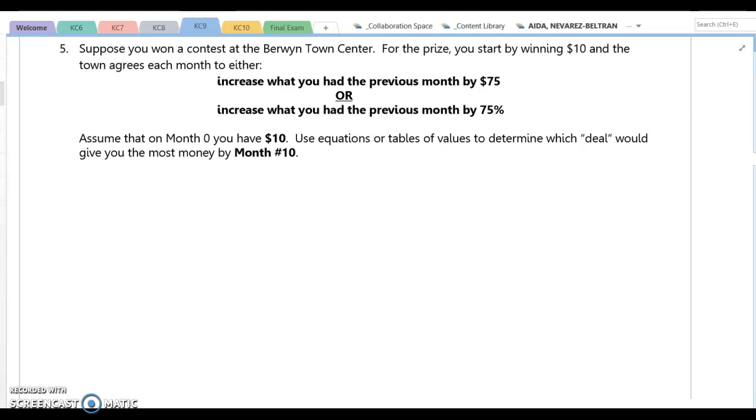So we have $10 at the beginning, and I'm just going to say option 1, option 2. So for option 1, it's just increasing what you had, so that means it is linear. If you're doing a percent, that means it is exponential.